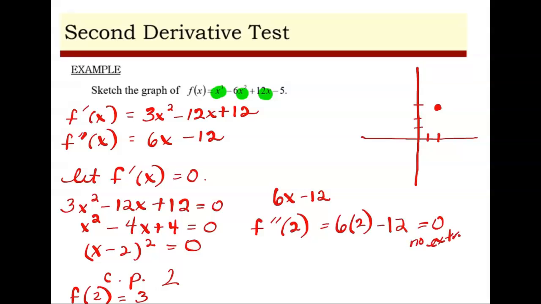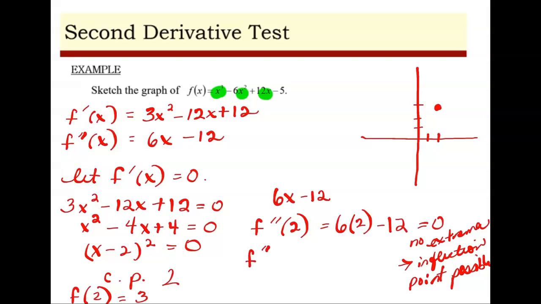That means there is no extrema, because the second derivative test is inconclusive when we get a value of 0. So there's no extrema for this function, but we do have a possible inflection point. Let's write that down: inflection point possible.